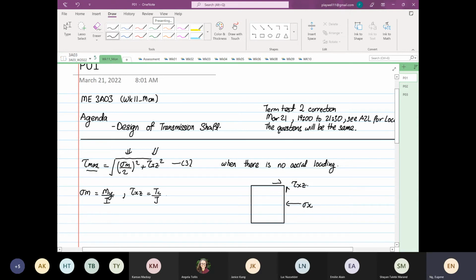where c is the maximum radius of the shaft.